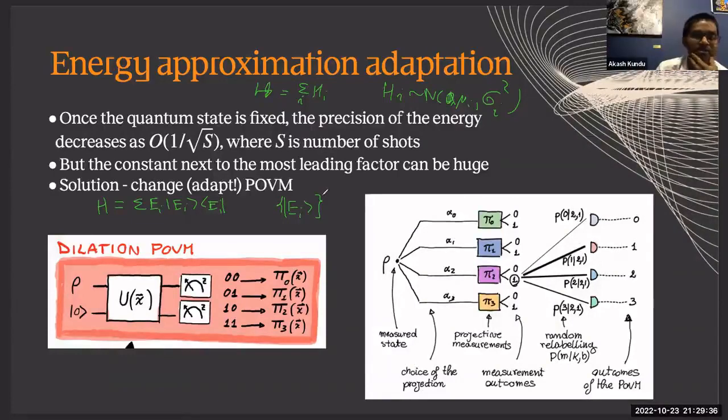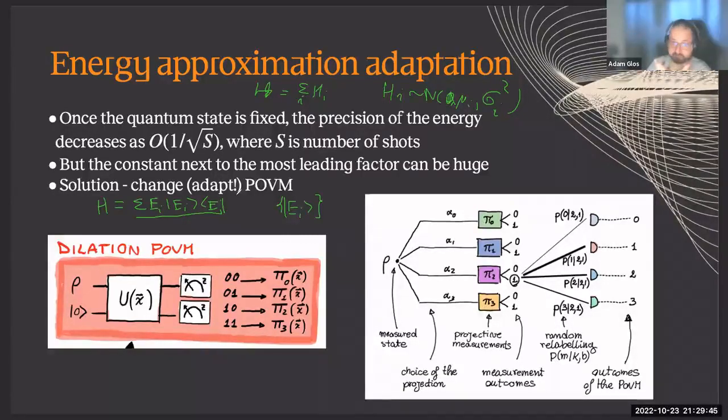I see. However, the problem is that in real applications, we do not know this decomposition. Exactly. In fact, this is the problem itself we want to solve.